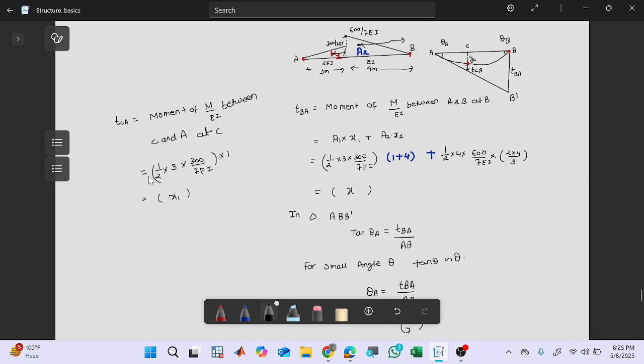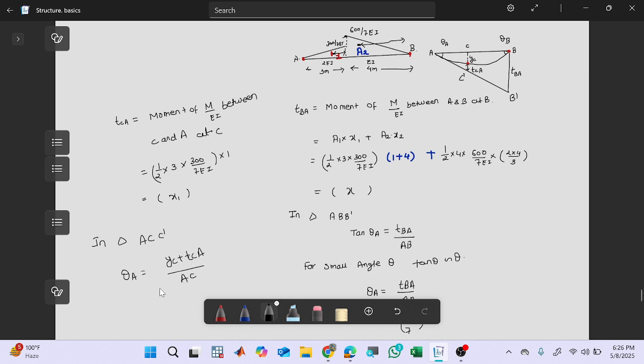Now I will again take the triangle, in triangle AC. Let's say this is C dash. Again, theta A is equal to YC plus TCA divided by AC.